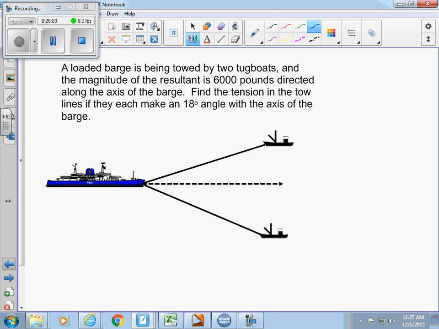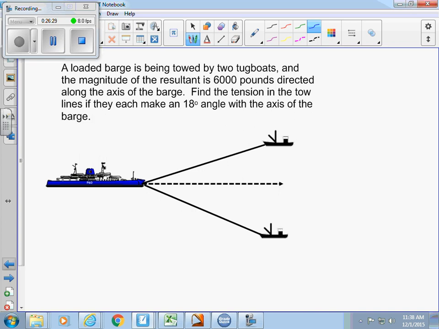A barge is being towed by 2 locomotives. The magnitude of the resultant is 6,000 pounds directed along the axis of the barge. Find the tension of the tow lines if each makes an 18-degree angle with the axis of the barge.